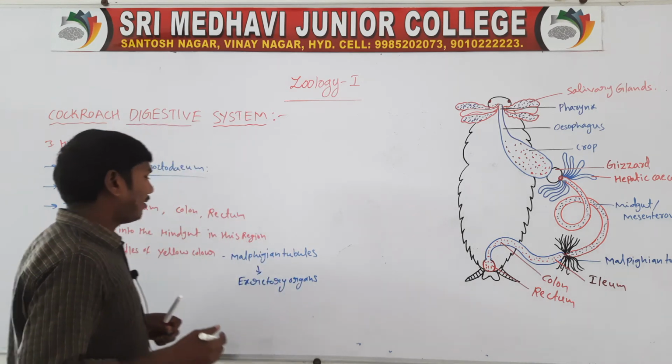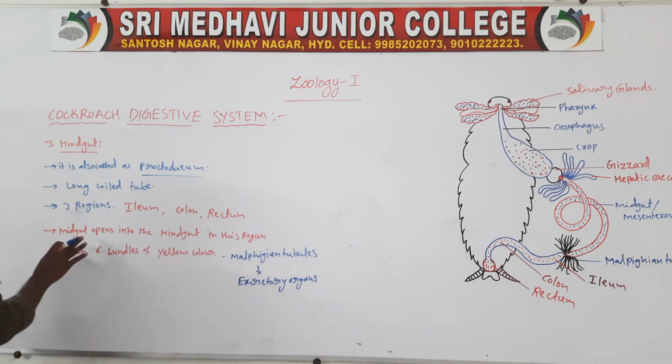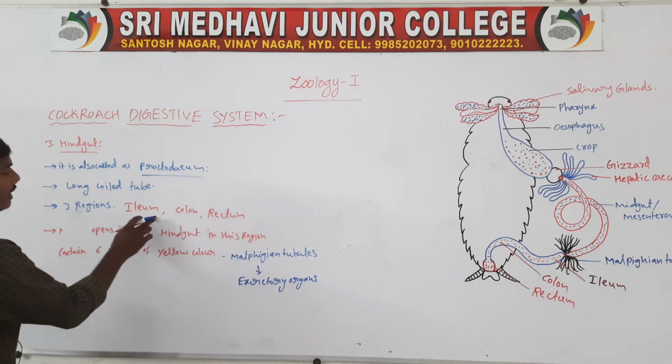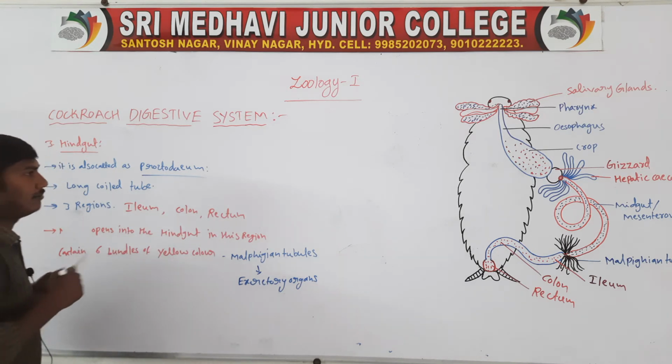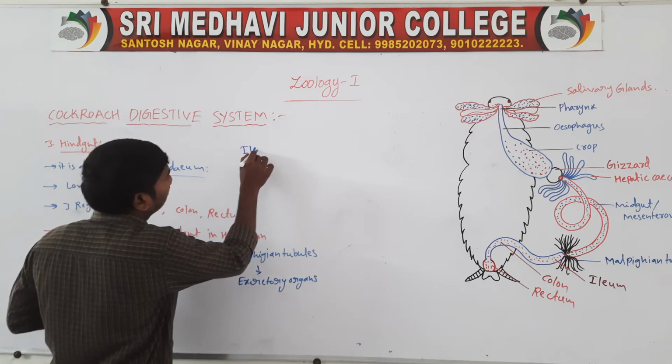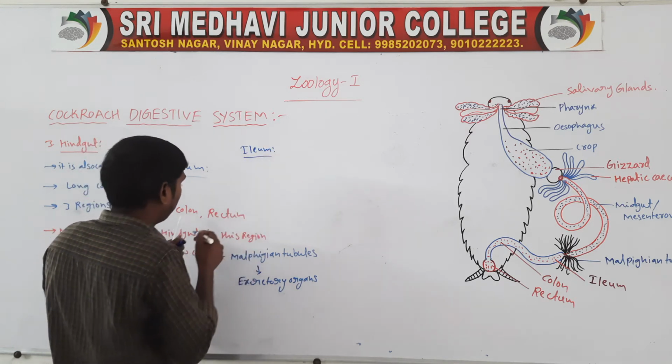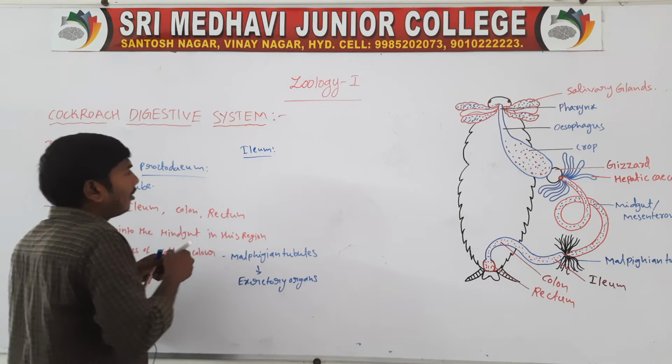Next, the hindgut contains 3 regions: ileum, colon and rectum. First one, ileum.